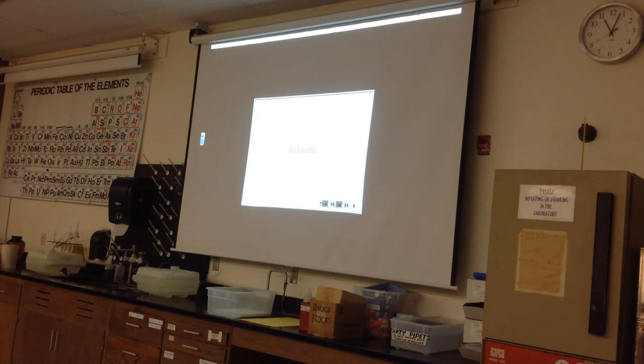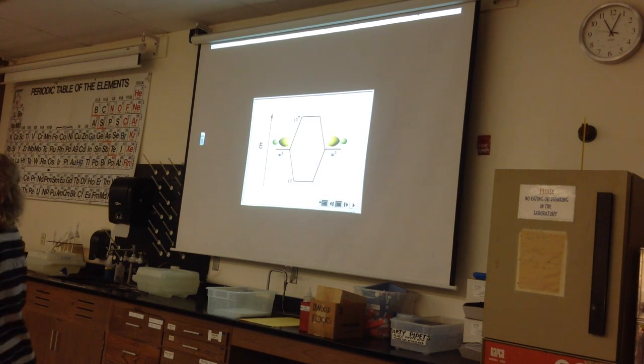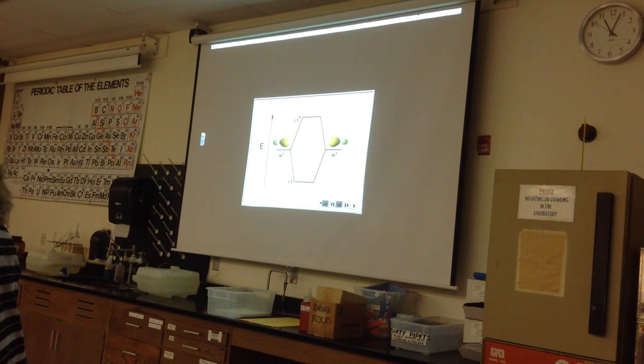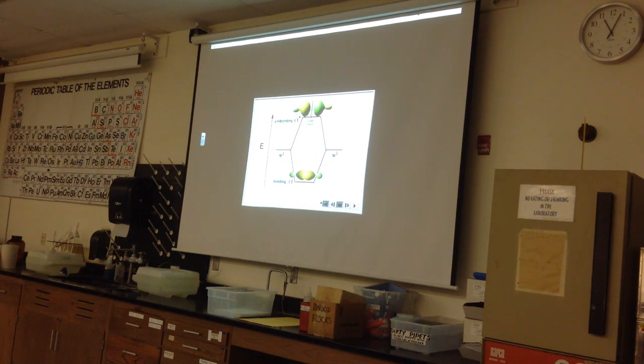The different types of bonding in alkanes. In alkanes, remember how we did the molecular orbital for hydrogen? So for the alkanes, because the electron is in an sp3 hybrid orbital, when the electrons come together, you will form a sigma bond, and that's called your bonding or your anti-bonding.